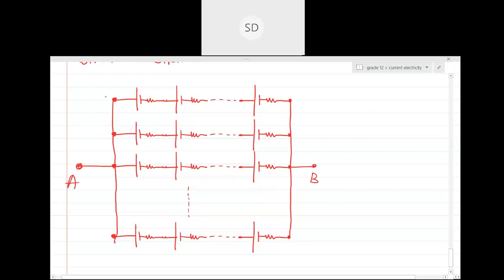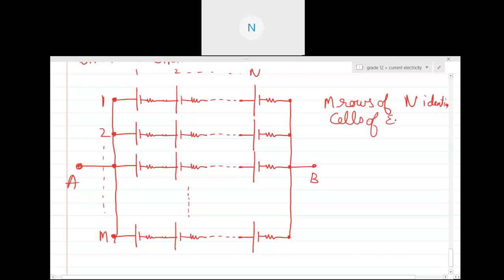Here you have, let's say, 1, 2, up to m rows of 1, 2, up to n identical cells of EMF E and internal resistance R in series.